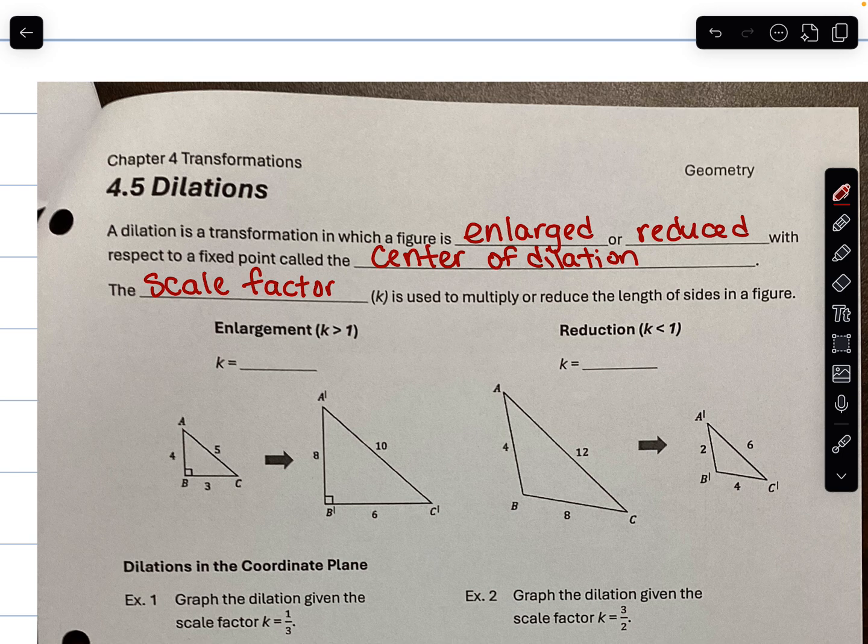All right? So, when K is greater than 1, we will have an enlargement. When K is less than 1, we'll have a reduction, which should make sense because if I multiply by 2, that's going to double my figure. If I multiply by 1/2, that's going to reduce my figure, okay?